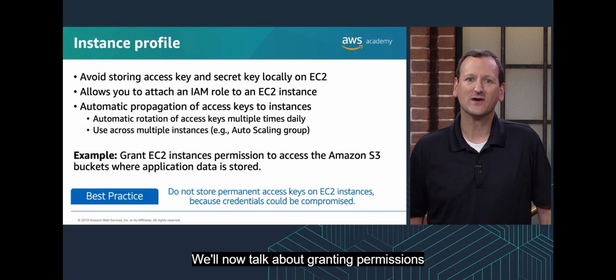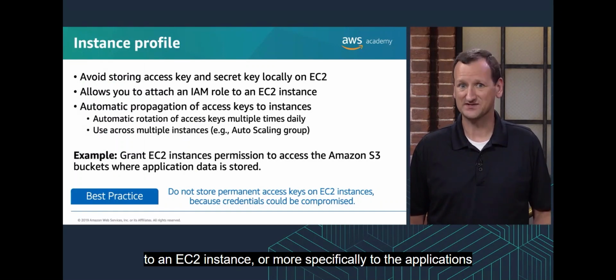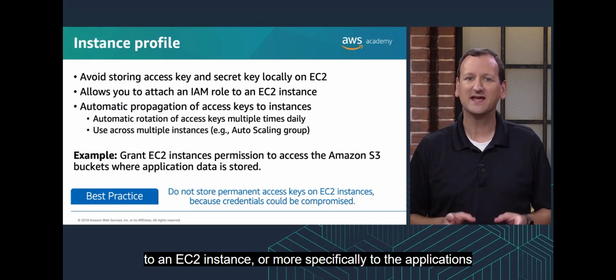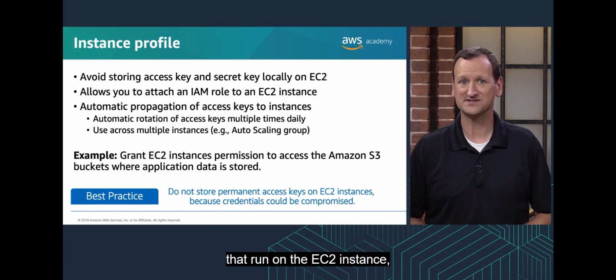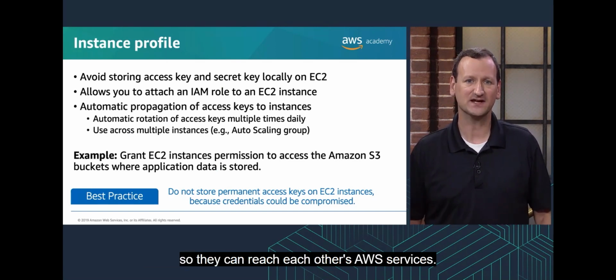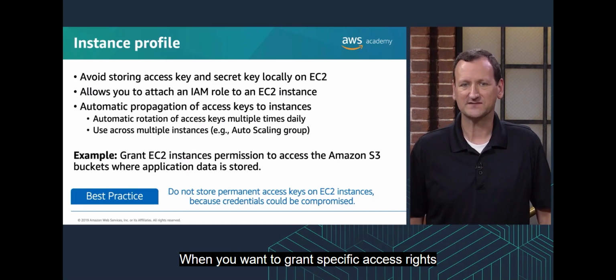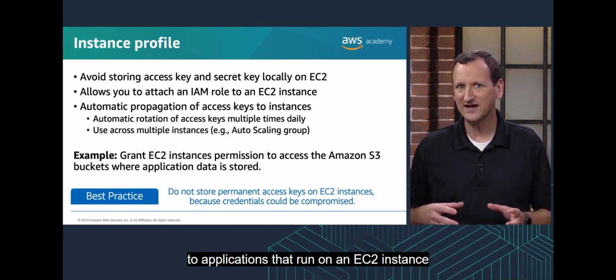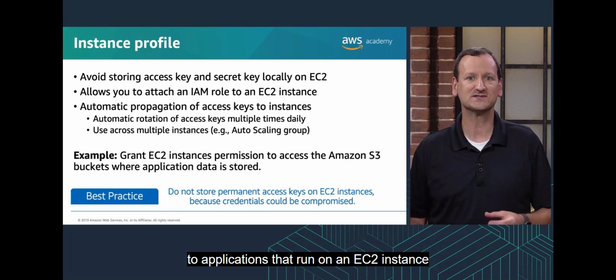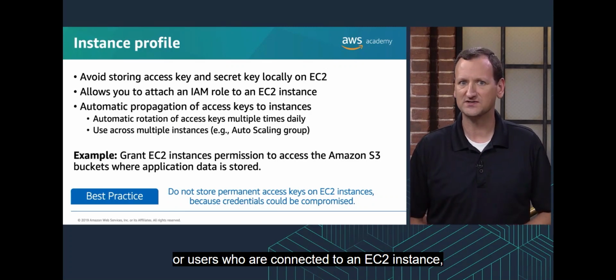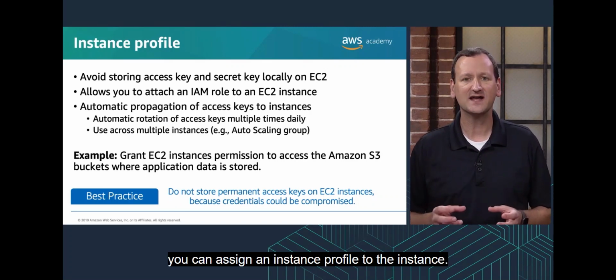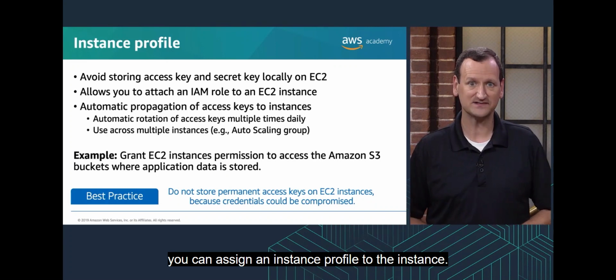We'll now talk about granting permissions to an EC2 instance, or more specifically, to the applications that run on the EC2 instance so they can reach other AWS services. When you want to grant specific access rights for AWS account services to applications that run on an EC2 instance or users who are connected to an EC2 instance, you can assign an instance profile to the instance.